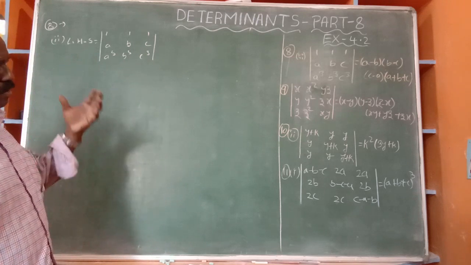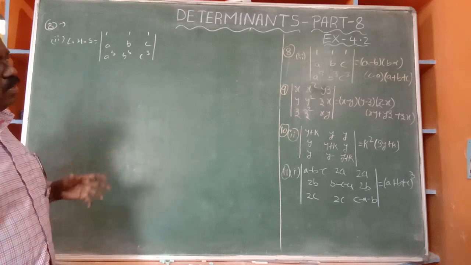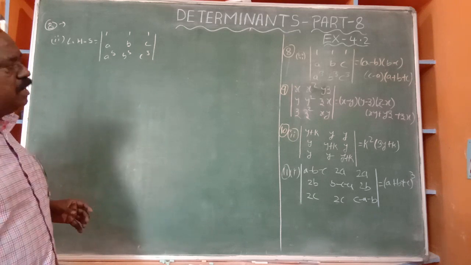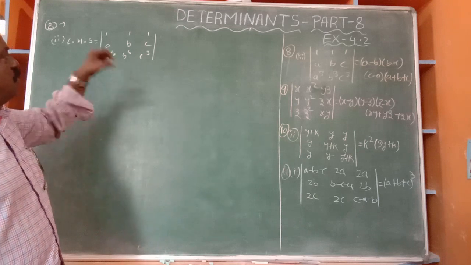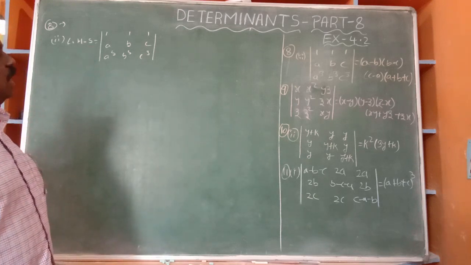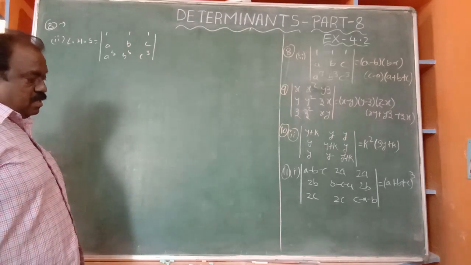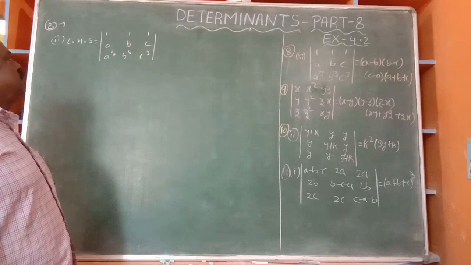But all these problems, without expanding directly, without using the traditional method directly, we have to use the properties of determinants and solve it. Using the properties means some row operations and column operations are there.